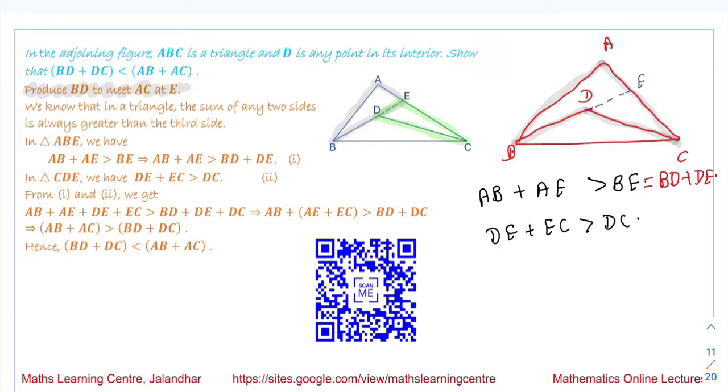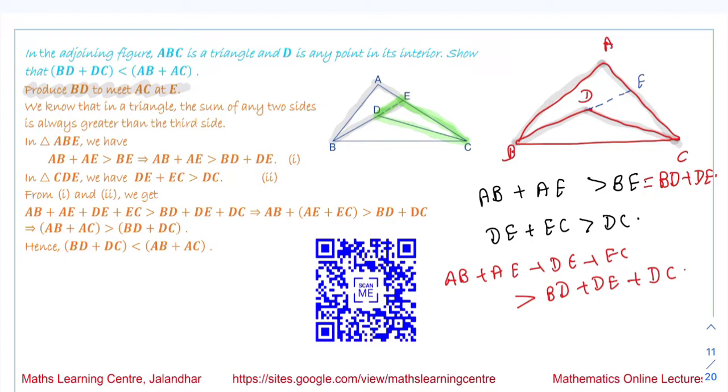So the sum of the two sides DE and EC is greater than DC. Now from 1 and 2, we add these equations. So we get AB plus AE plus DE plus EC is greater than BD plus DE plus DC.